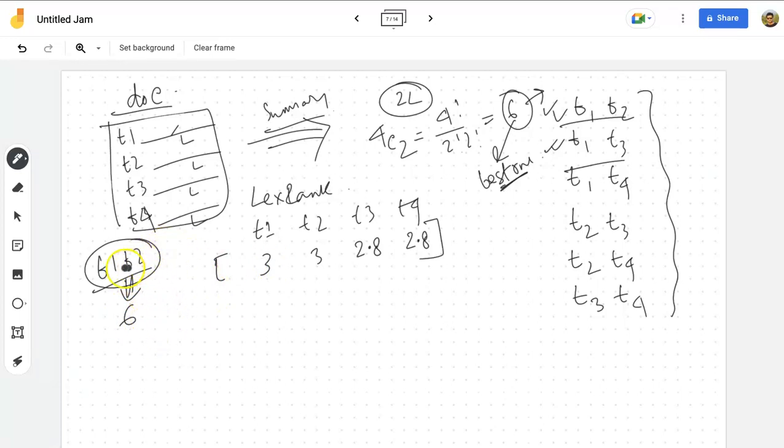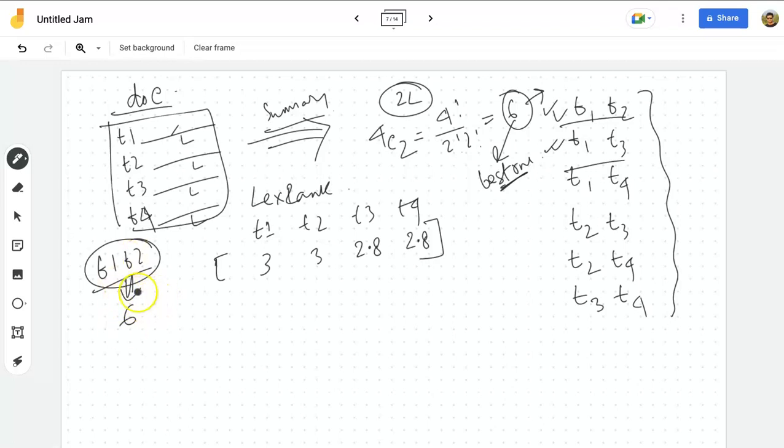So we could take the summary as T1, T2. But the problem is that T1 and T2 may be very similar sentences, so your summary will be redundant, which is not good. Individually the 2 sentences may be very important, but if one sentence is present, the other is not that necessary.